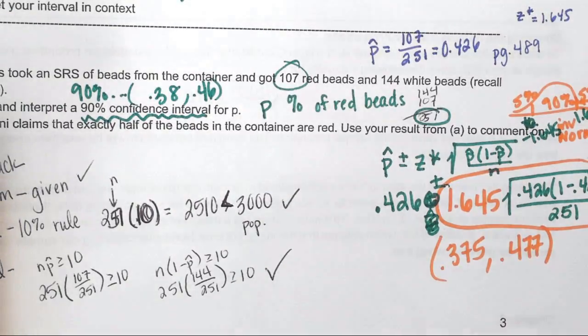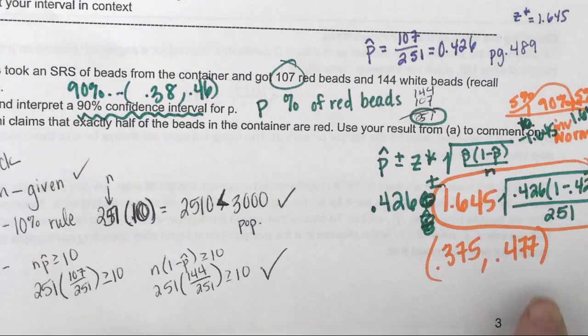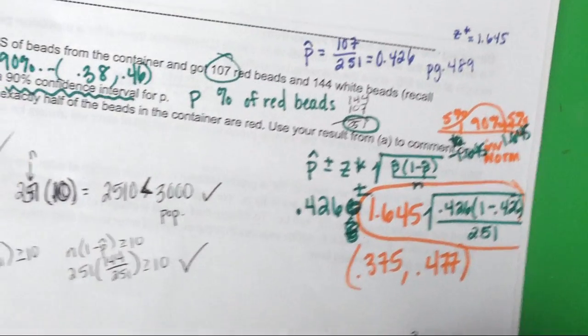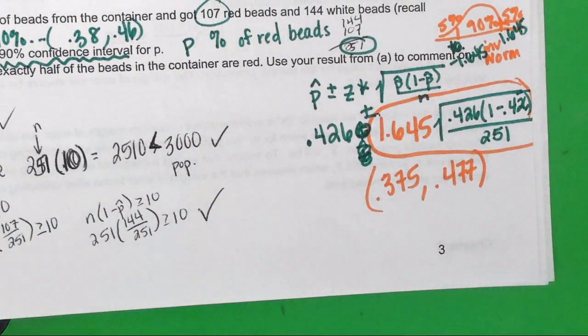Okay, so we did all this math. Woohoo, yay for us. We now have a range, so we get to use our words because it said calculate and interpret.